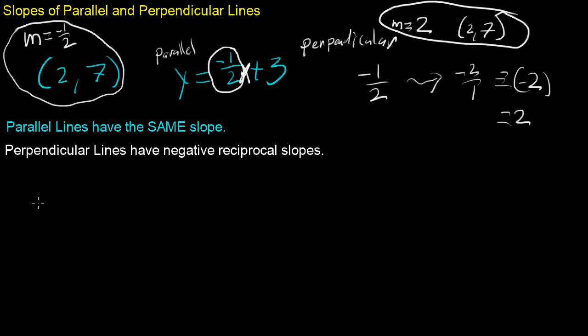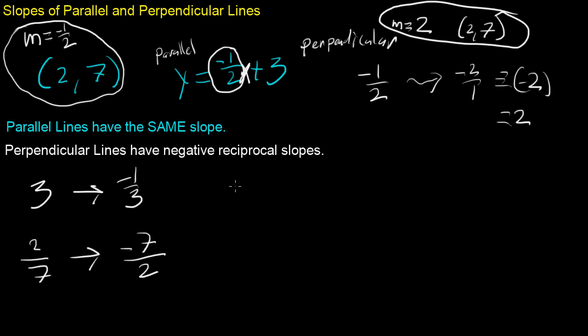A bit more on negative reciprocals. If I have the number 3, the negative reciprocal is negative 1/3. If I have the number 2/7, the negative reciprocal is negative 7/2. If I have the number negative 3/5, the negative reciprocal is positive 5/3, and so forth.